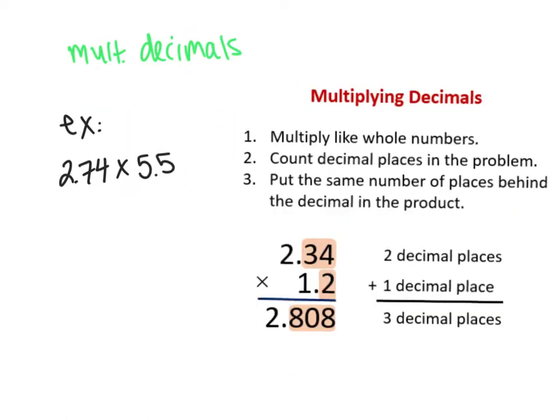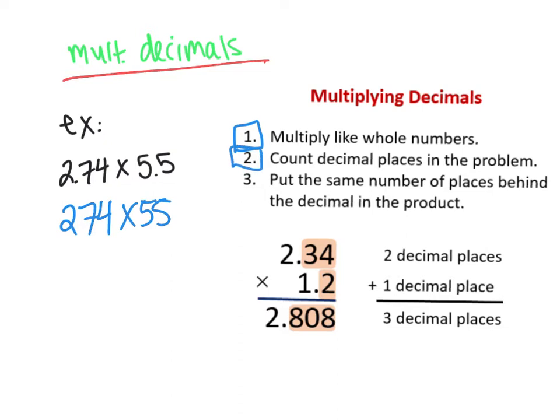Okay, multiplying decimals. When we're multiplying decimals, we're going to multiply just like they didn't have decimals. So that's the key. You're just going to multiply and think of this as 274 times 55 in my example here. Then I need to count my decimal places.